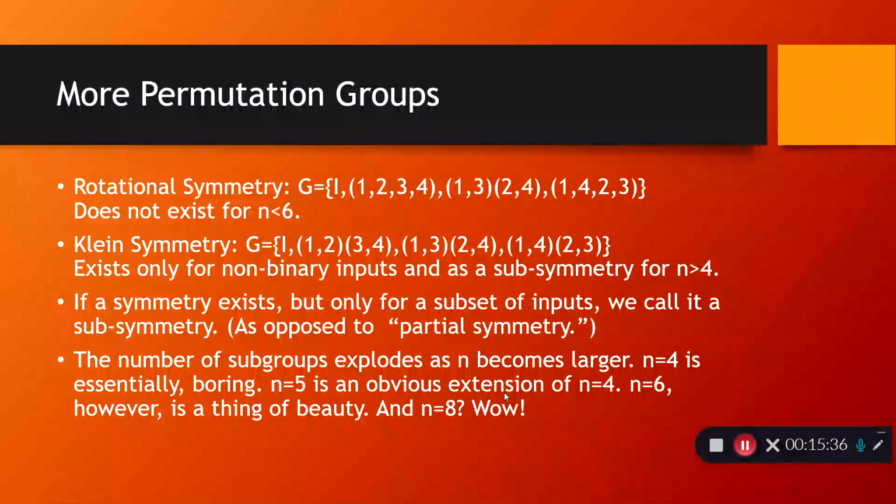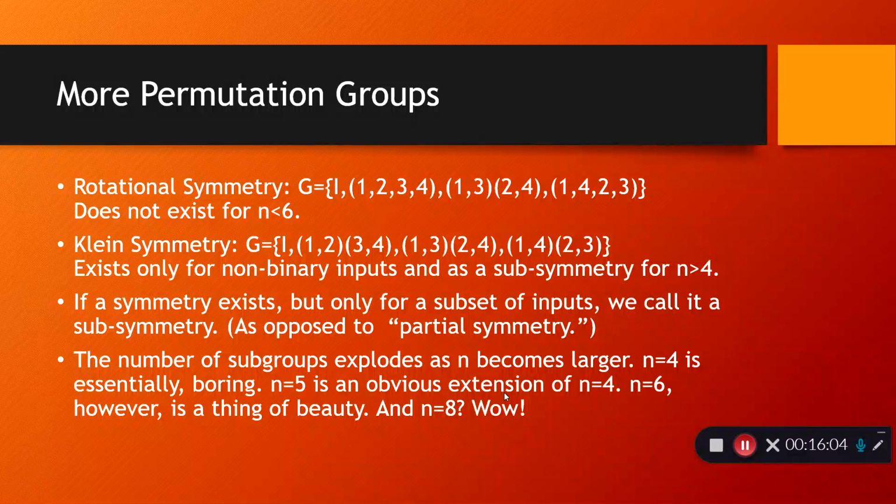So the number of subgroups explodes as n becomes larger. There are some websites on the internet that list the subgroups of S sub n, I think all the way up to S sub 18. And the number is truly astounding.